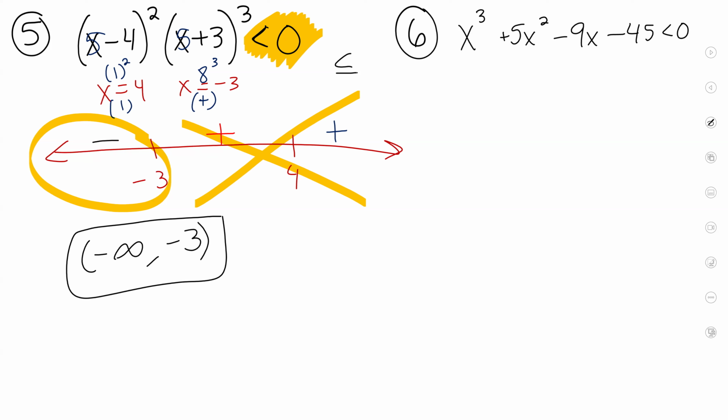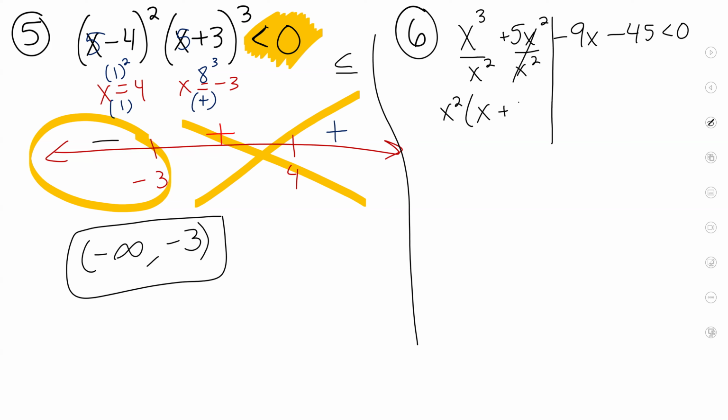All right, let's try number 6. Number 6, you should have split it down the middle to factor it. So x squared will be out here, plus 5. Here you divided by -9, so -9 is on the outside, and you get x plus 5. These match.